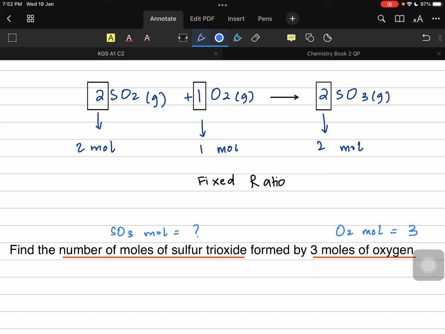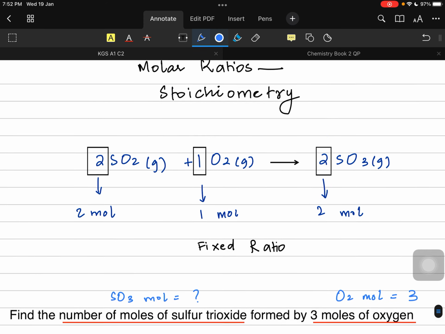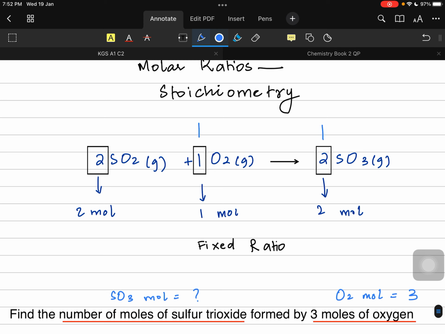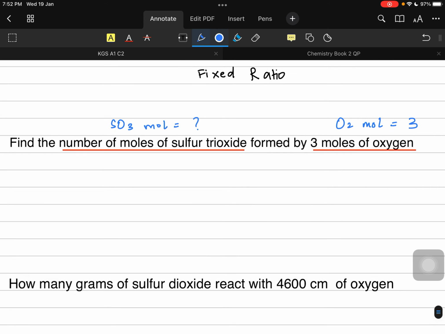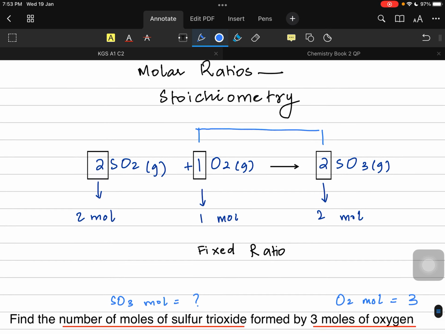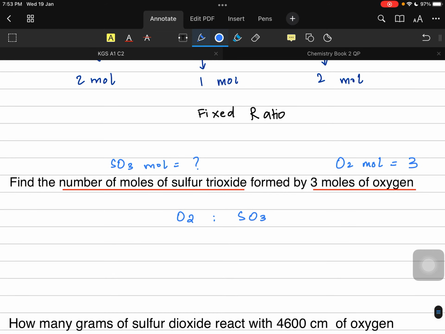So we need a relationship between oxygen and sulfur trioxide. We know that they follow a fixed relationship, and that relationship is 1 mole of oxygen gives 2 moles of sulfur trioxide.